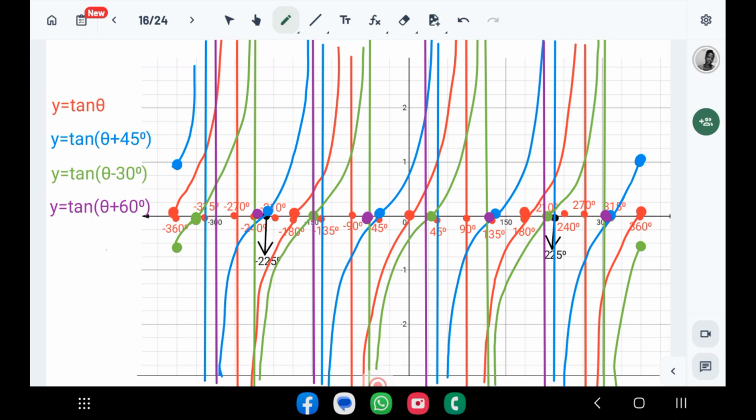Starting from the middle one. Okay. There's a branch. Okay. Next one.